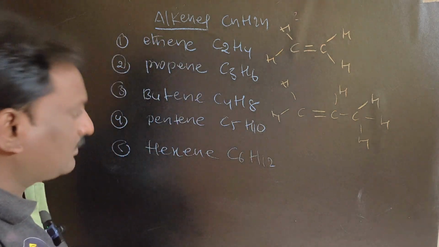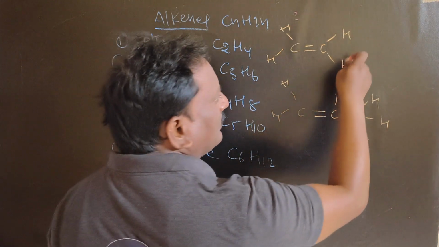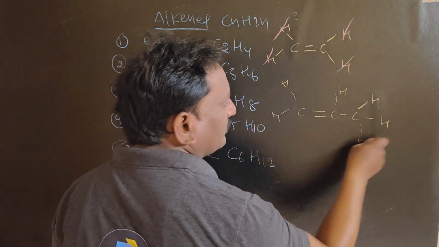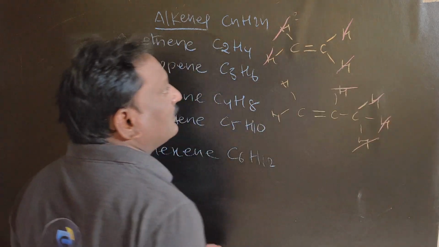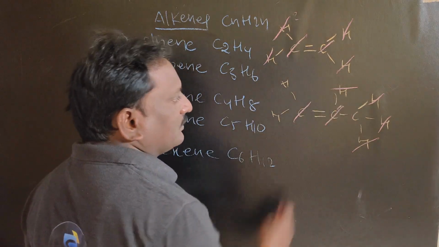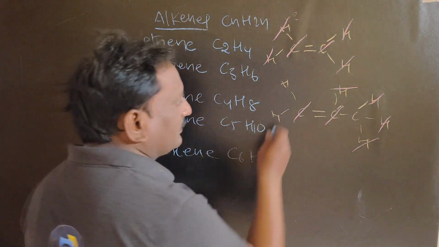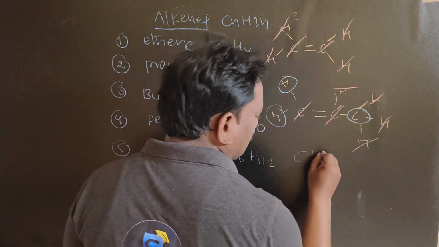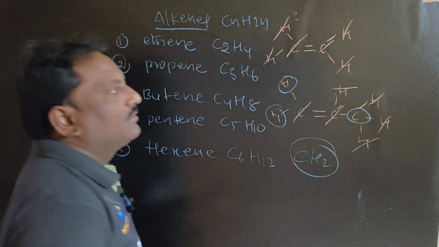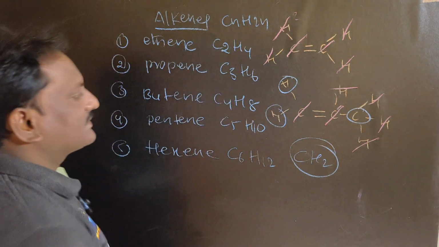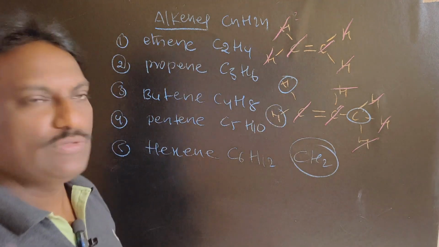Let us strike out the common elements: hydrogen, hydrogen, 4 hydrogens here and 4 hydrogens there, carbon 2, carbon 2. So what are the remaining? Hydrogen, hydrogen and carbon. So CH2. So successive compounds differ by a CH2 group.